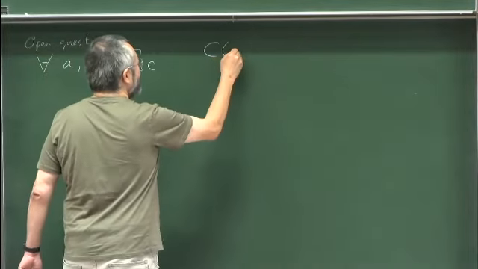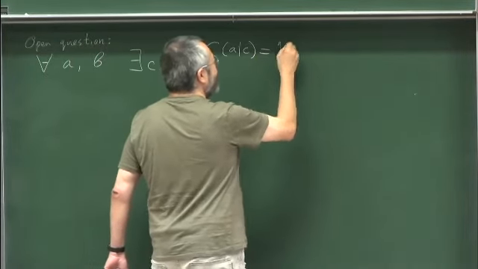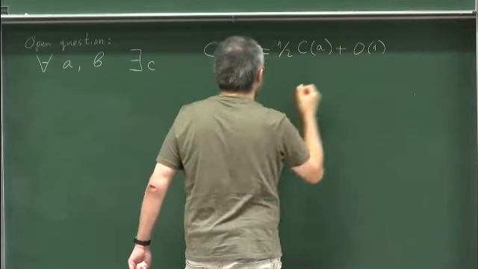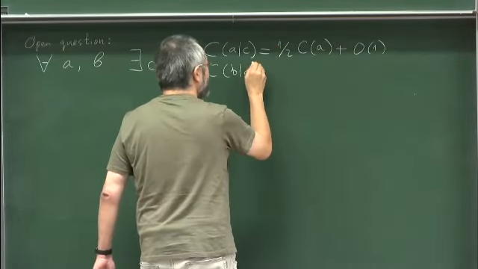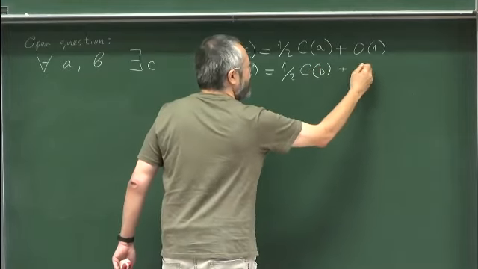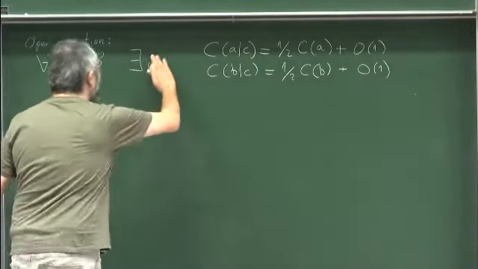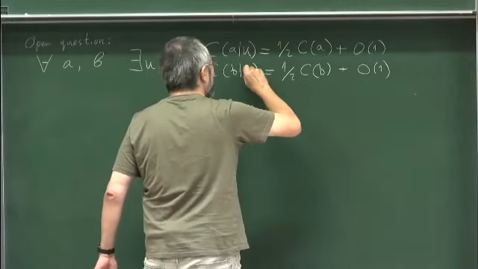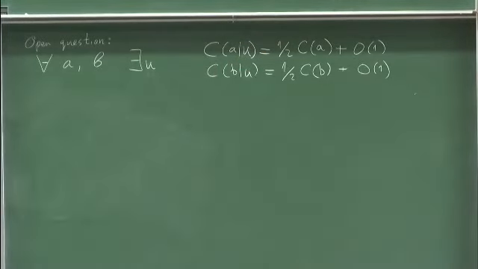So the complexity of a given c is exactly 1/2 of the complexity of a, and the complexity of b given c is 1/2 of the complexity of b. Or maybe it's better to write some u, because c will be. So it looks very natural somehow, but it's not clear how to prove this.